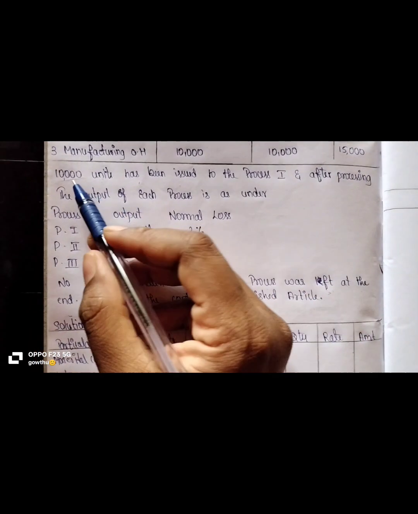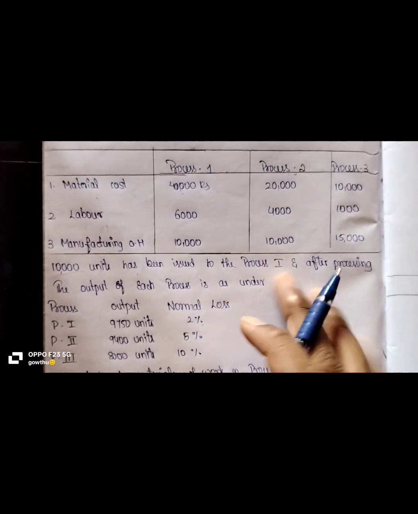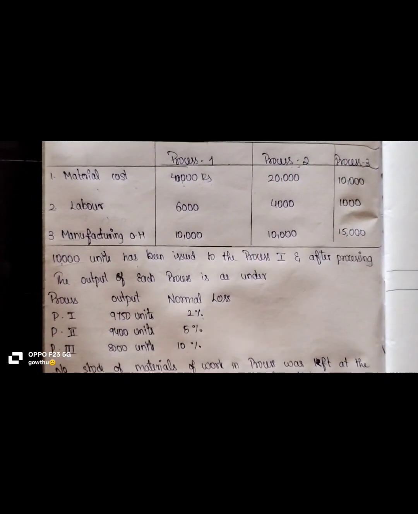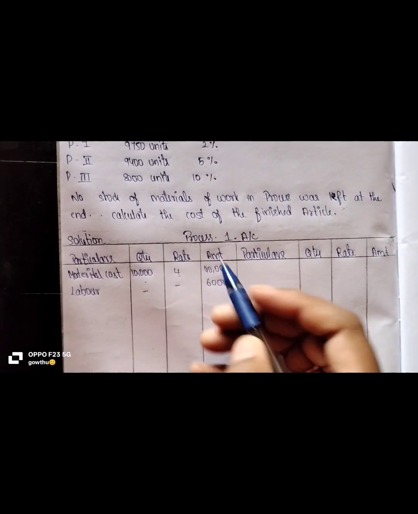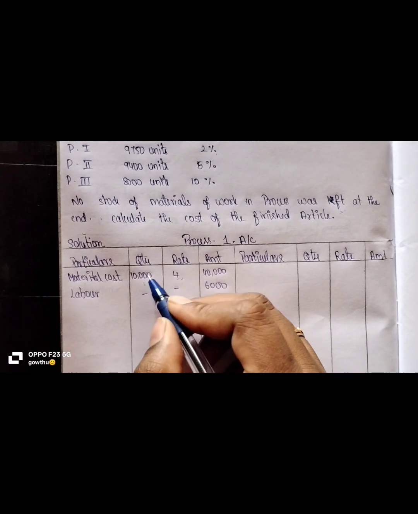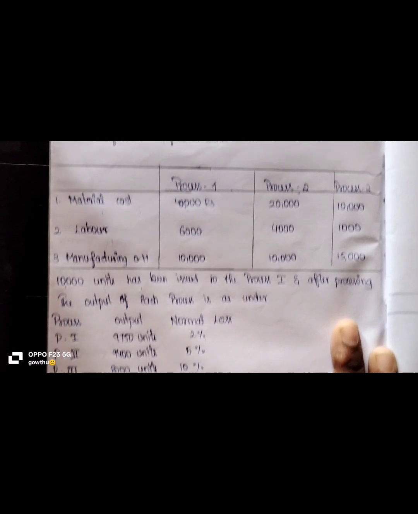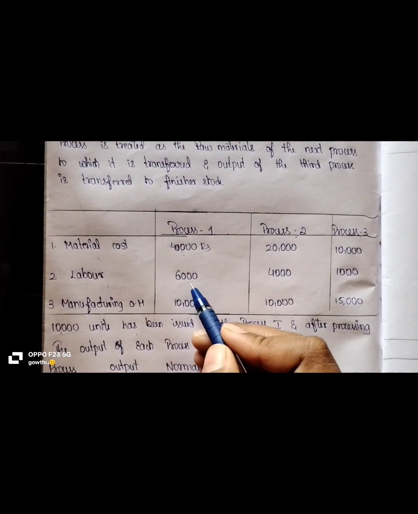Now we have to take these 10,000 units as the raw material cost of the first process. Let's calculate the first process account. I have already written 10,000 units. The rate is 4 rupees. If we multiply this, we will get 40,000. Next we have to take labor, that is 6,000.